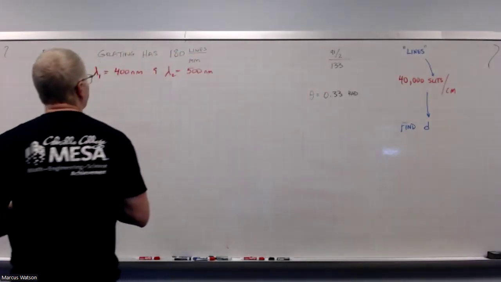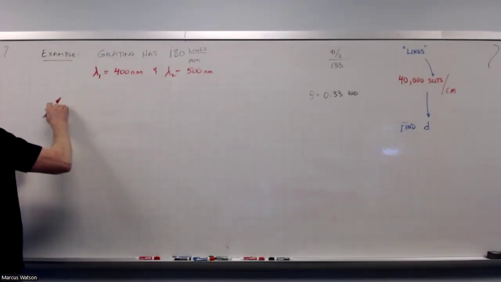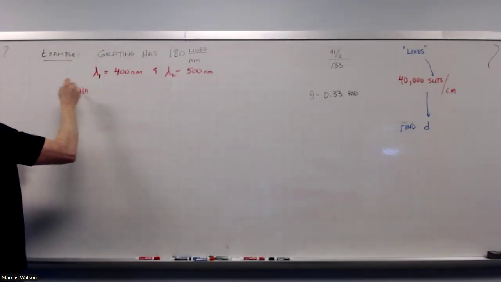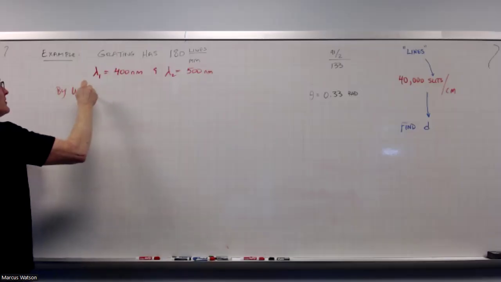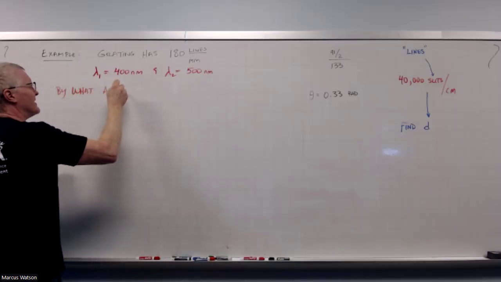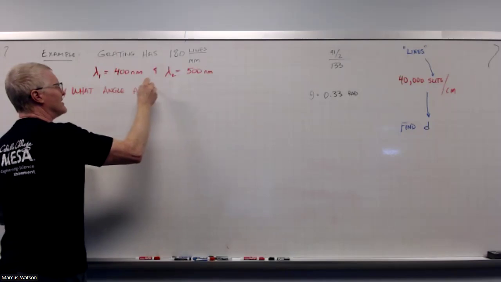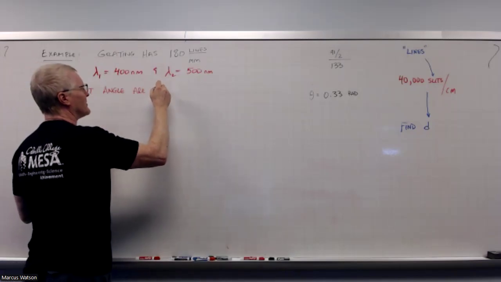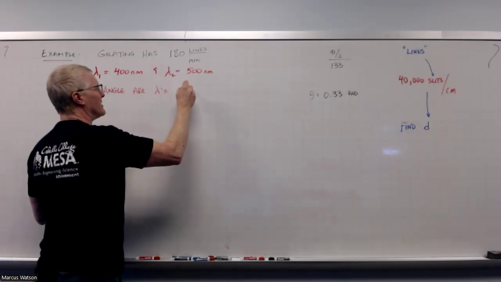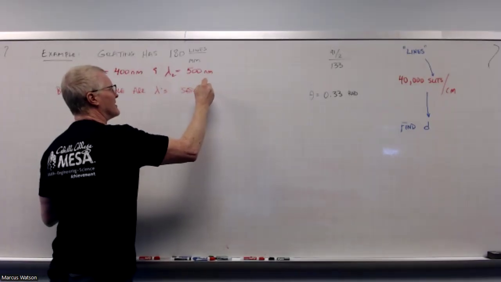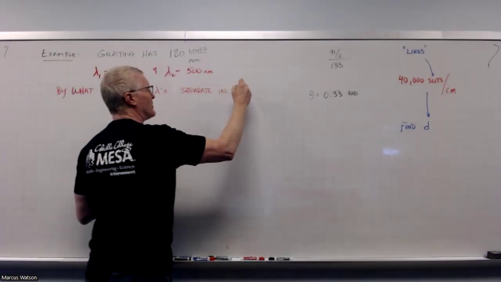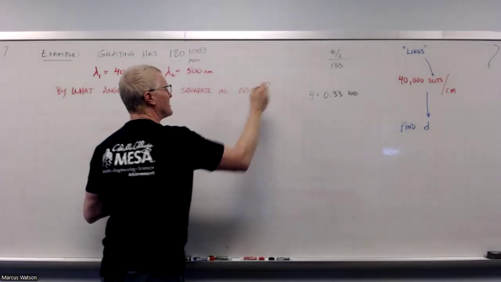So let's take a look and find by what angle the lambdas are separated in the m equals 2 bright fringe.